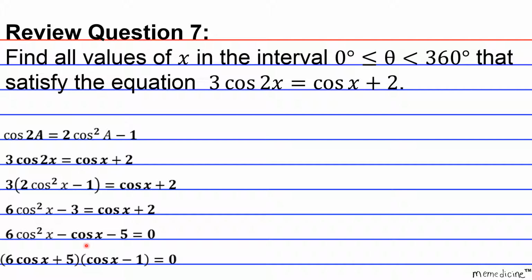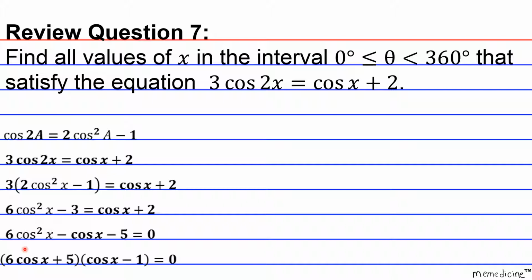Well, it's not that simple, so you have to do a little bit of plugging and chugging, but this is your starting point. You know you're going to have a 5 and a 1, so it's up to you to test whether the 5 goes with the 6 or whether the negative 1 goes with the 6. The general rule is that usually the higher number goes with the a term. You can figure that out on your own.